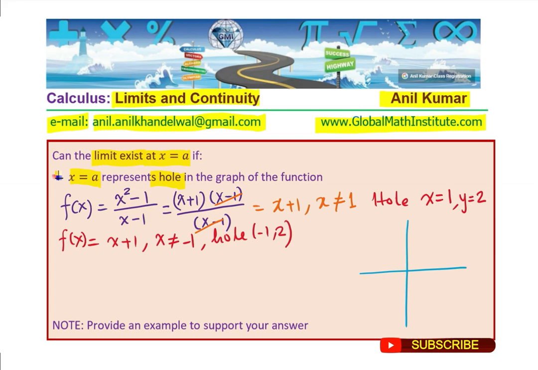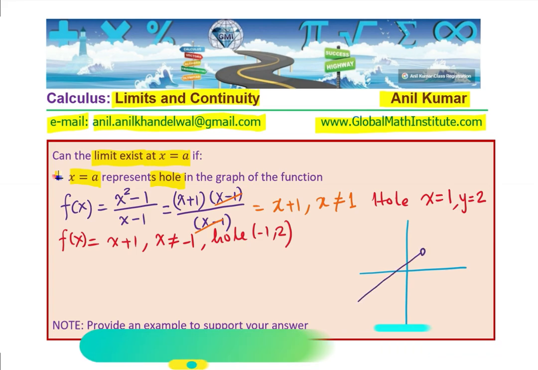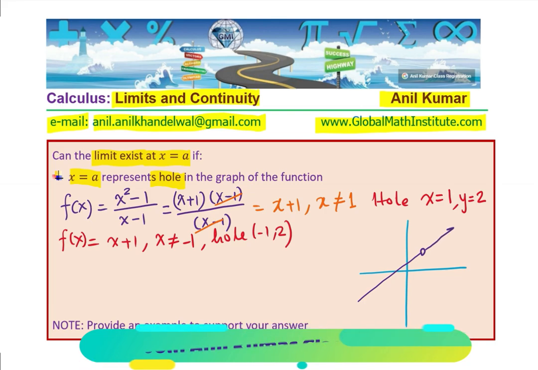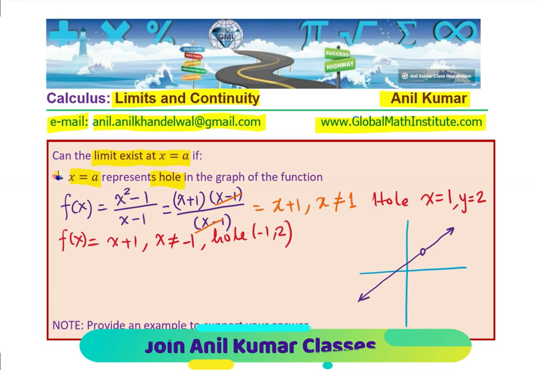So x plus 1 means a graph with y-intercept of 1, slope of 1, correct? So kind of like this, right? So that becomes the hole and it continues. So that is the graph for the function, and clearly we have a hole at x equals 1, y being at 2. So I hope till now the concept is absolutely clear.